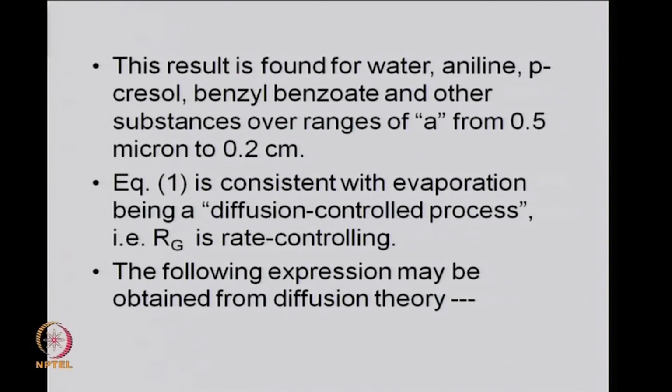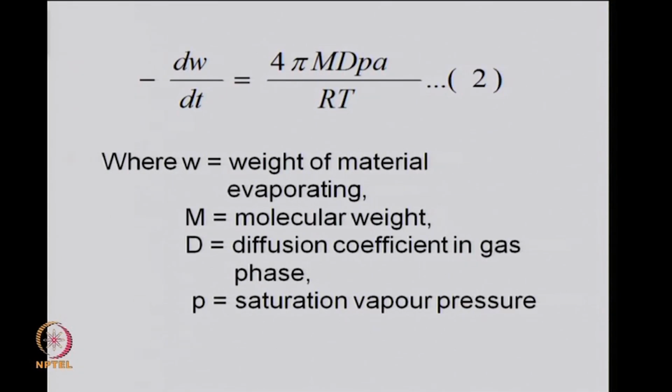One could write from diffusion theory the following expression: minus dW by dt, where small w is the weight of material evaporating, is equal to 4 pi M D p a by RT, where D is the diffusion coefficient in the gas phase, M is the molecular weight, p is the saturation vapor pressure and capital T is the absolute temperature.